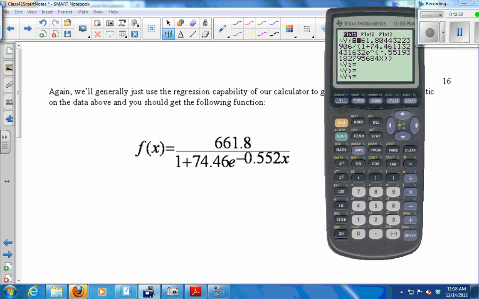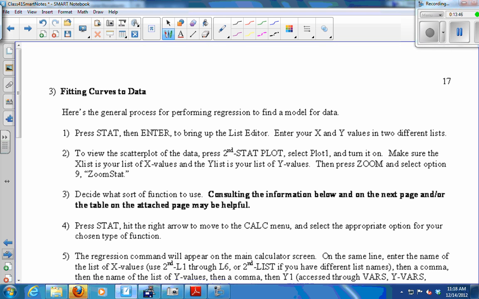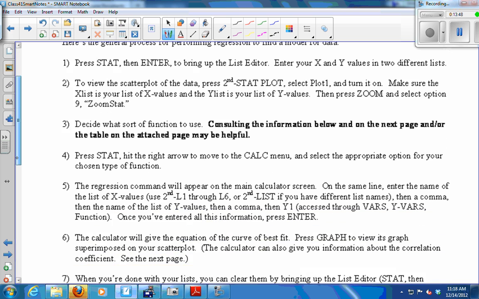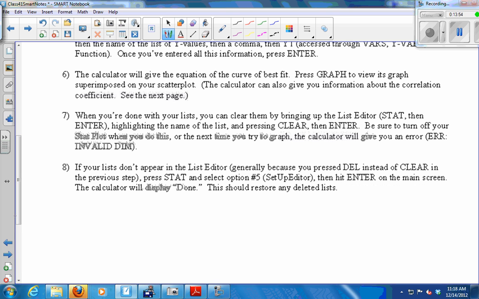So that should be pasted right into Y equals, and when I graph it, I get a nice match. So this is just a reminder how to do regression. So you can read through that if you forget how to do any of the steps.